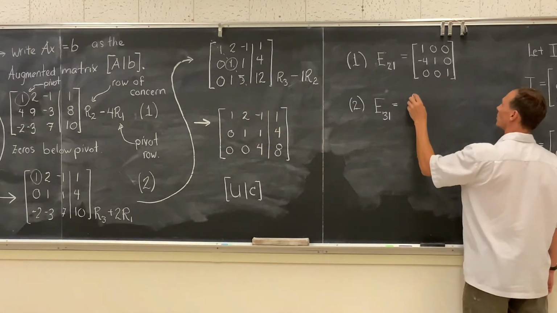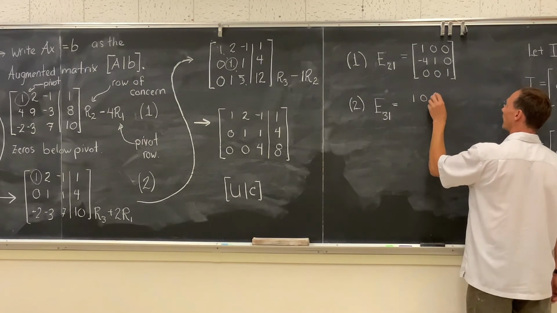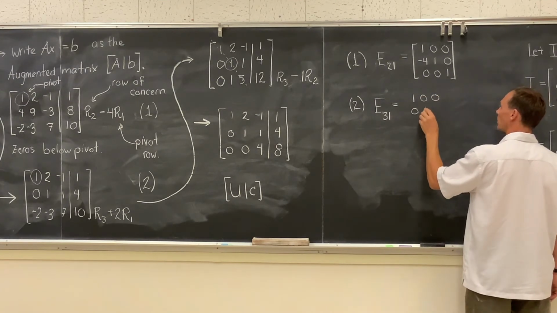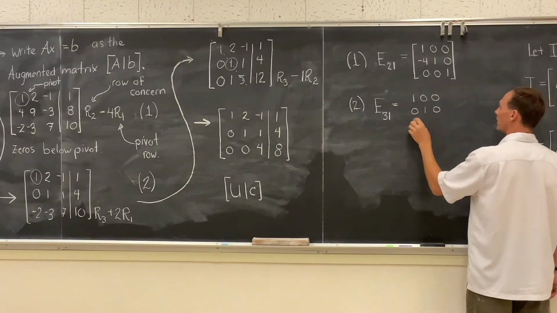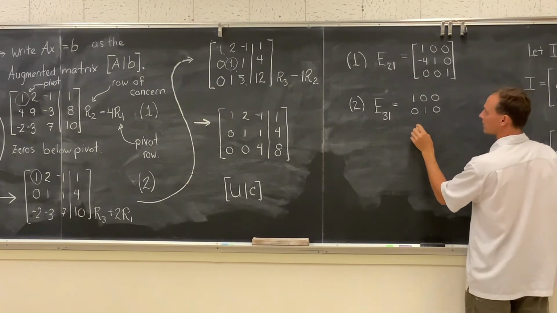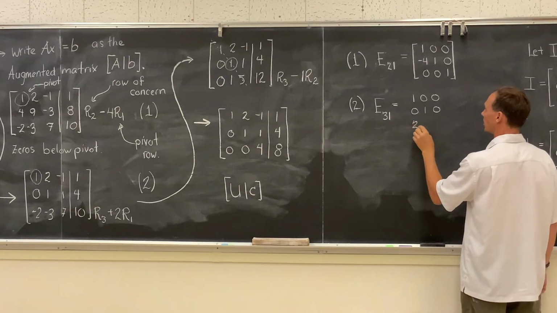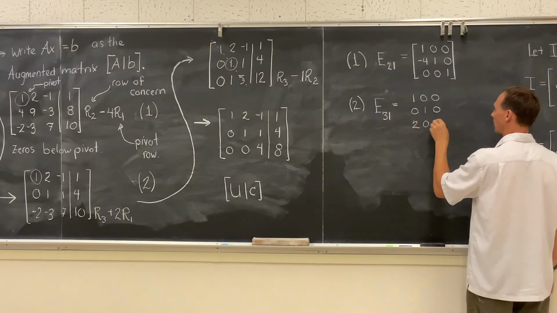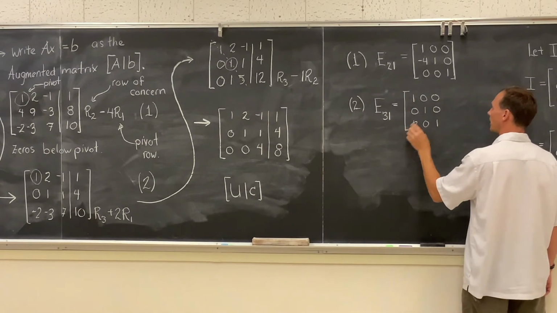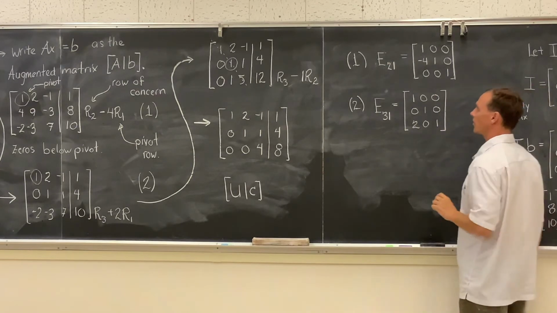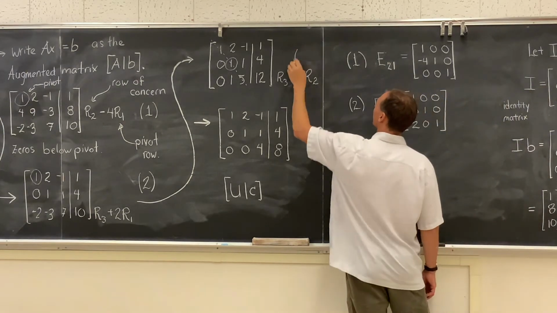So this is 1, 0, 0, 0, 1, 0. What do we have? 2, 0, 1. And then our third operation, our third one, is right here.